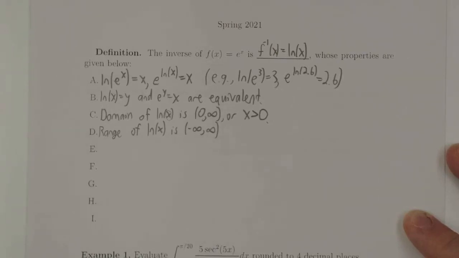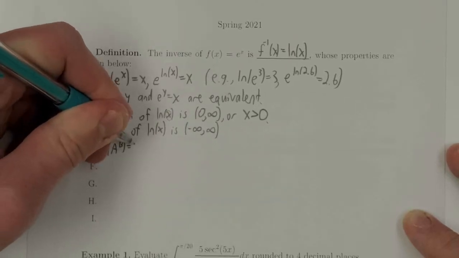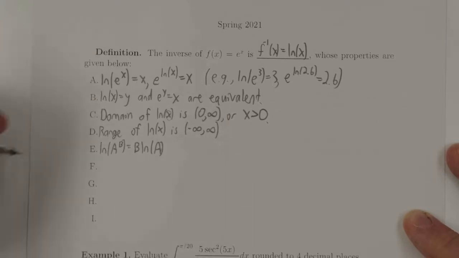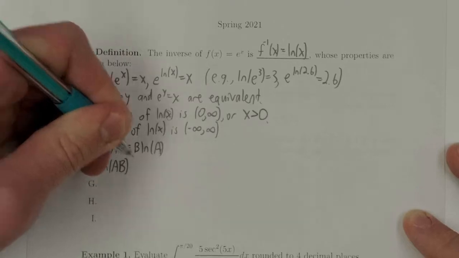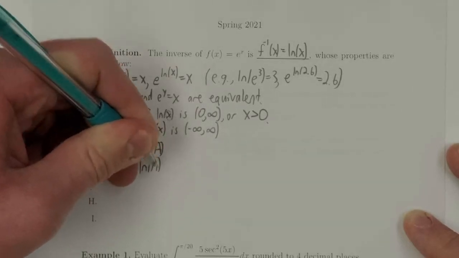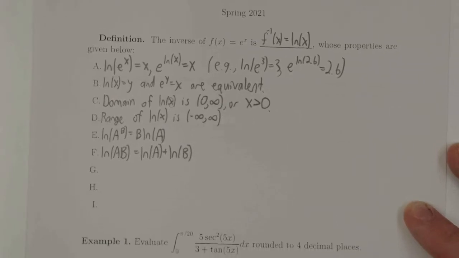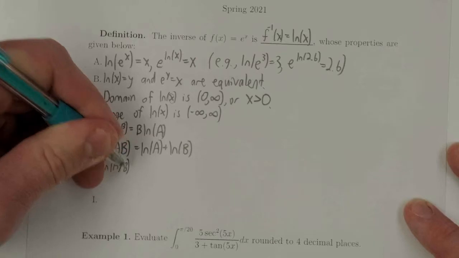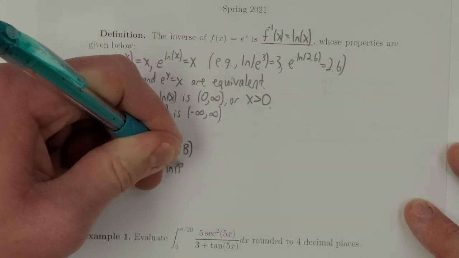Property E states that the natural log of a to the power of b equals b times natural log of a. Property F, natural log of a times b equals natural log of a plus natural log of b. G, natural log of a divided by b equals natural log of a minus natural log of b.